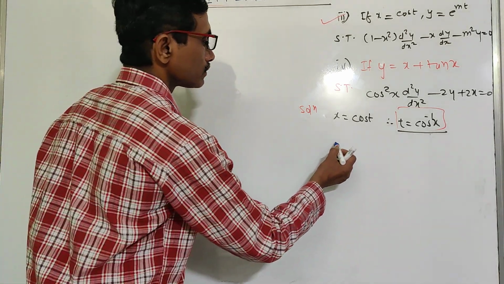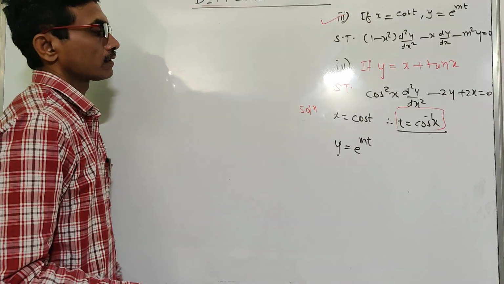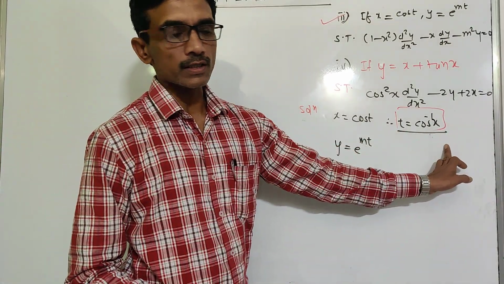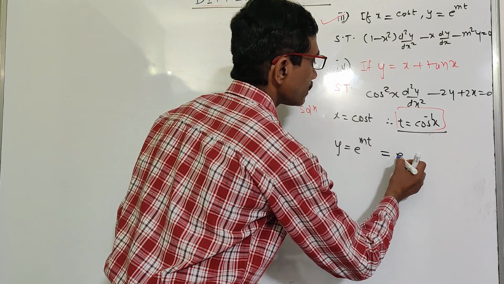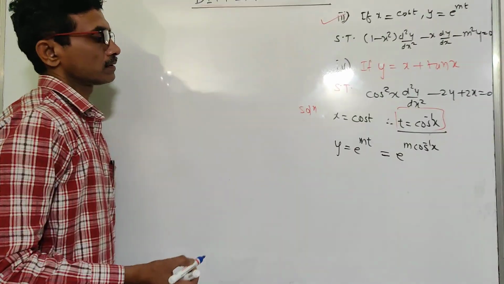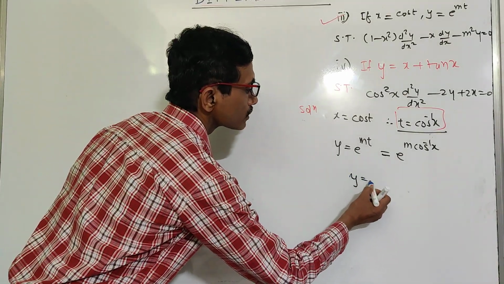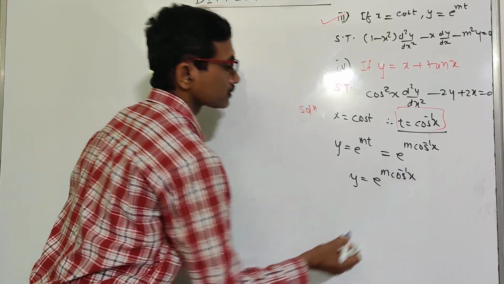What is y? y is equal to e raised to power m into t, and we substitute t is equal to cos inverse x over here. So that means our y will be e raised to power m cos inverse of x.